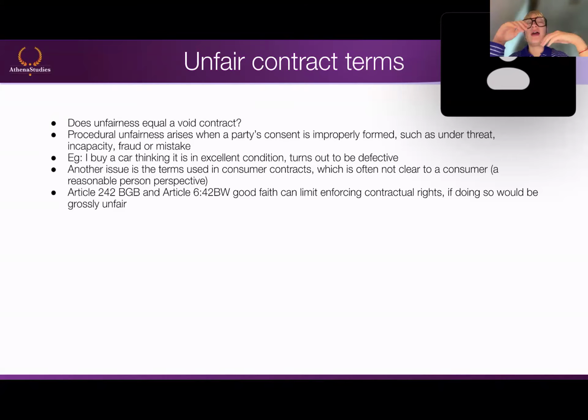However, substantive unfairness would be, for example, that it includes unfair terms, or there is some kind of contract clause written in a smaller font in white color or something like that that is not noticeable. That is also substantive unfairness.